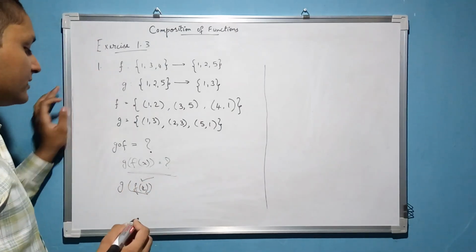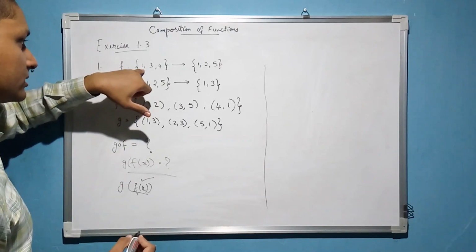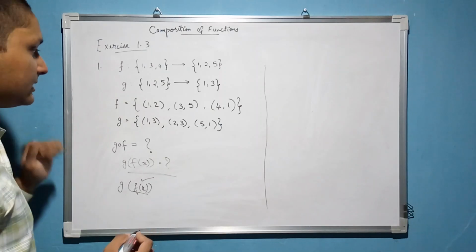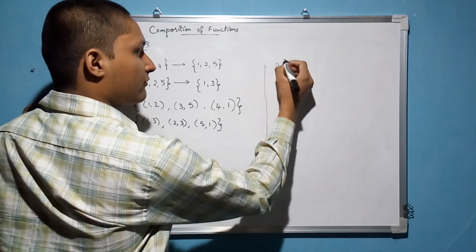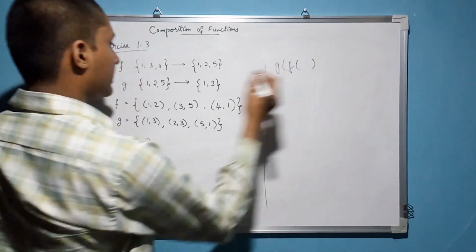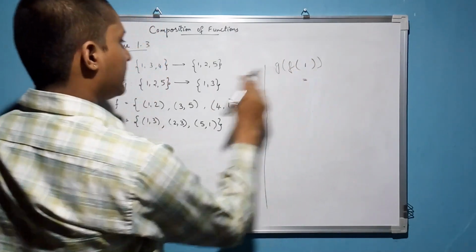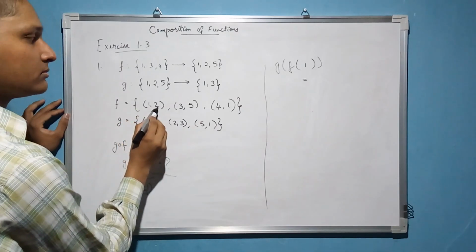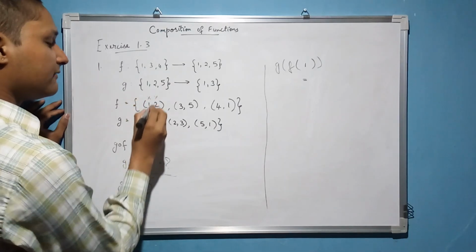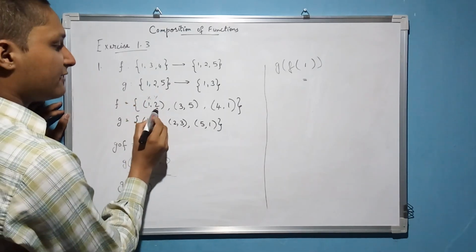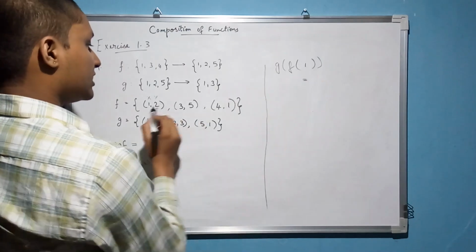So let me take the first one, where f of x is here. This is the input, so 1, 3, 4 could be the inputs in the three cases, right? Let me try: what do I get for g of f of 1? F of 1 is 2, because this is the x term and this is the y term, so f of 1 becomes 2.